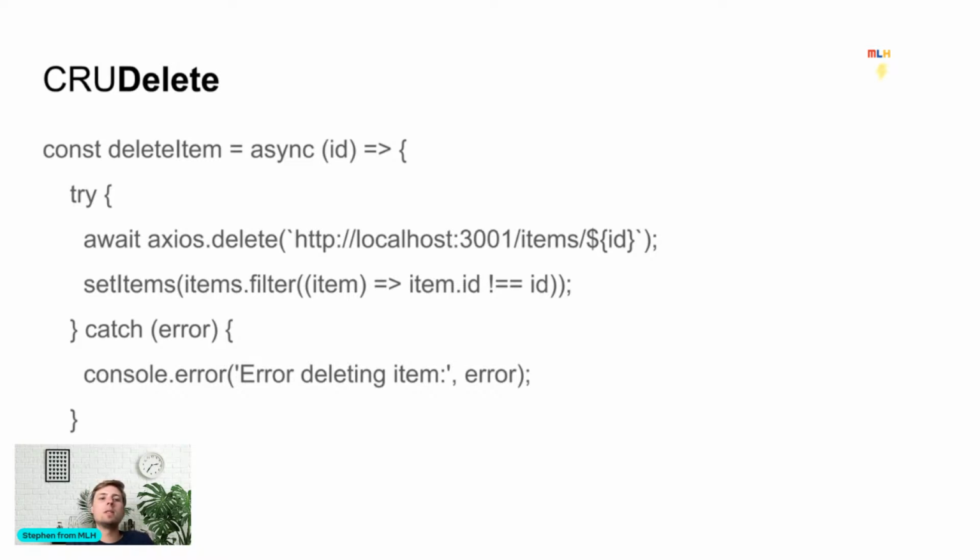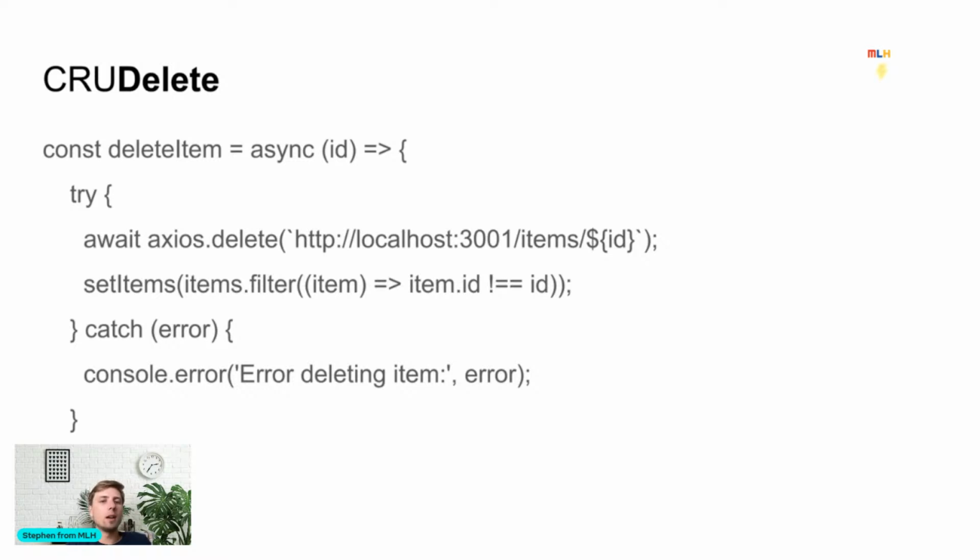You can tell from this delete item method that we are doing an Axios request, an HTTP request, delete in particular. In order for that to complete, we need to wait for the Node.js server to respond. And that can take some time.